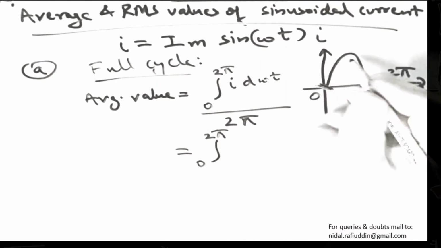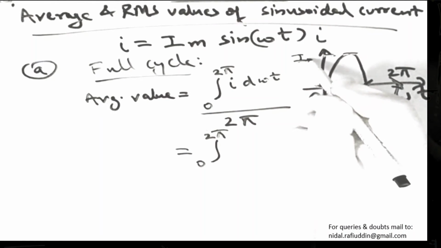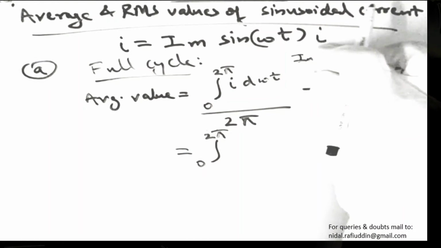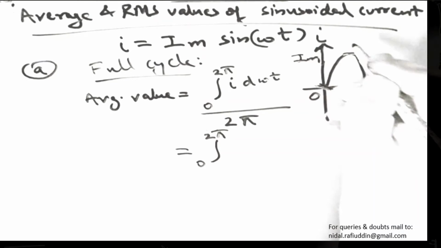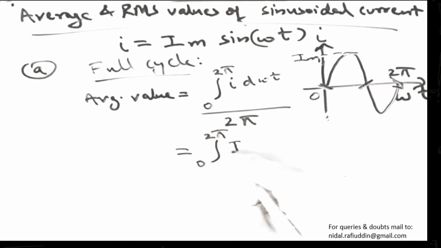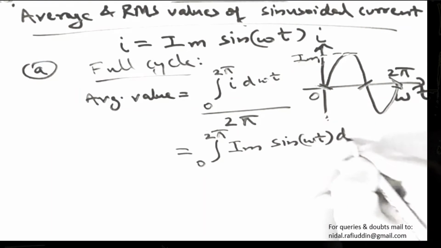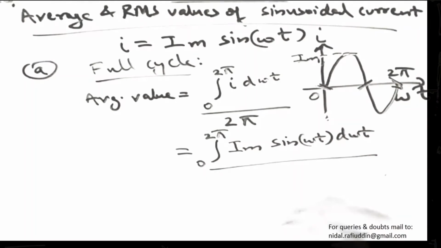So small I is, if you take the maximum value as Im, so let's say the maximum value is Im. Small I can be written as Im sine omega t d omega t divided by 2 pi.